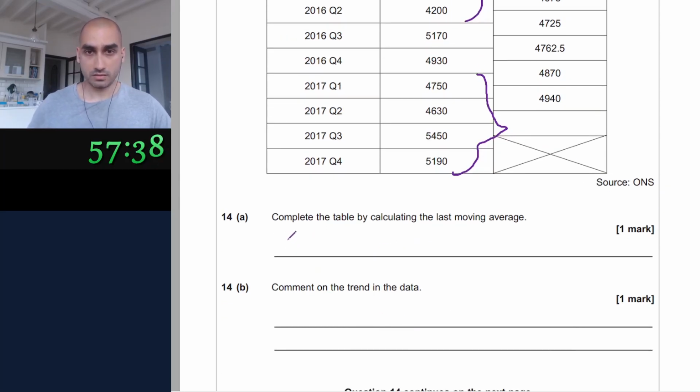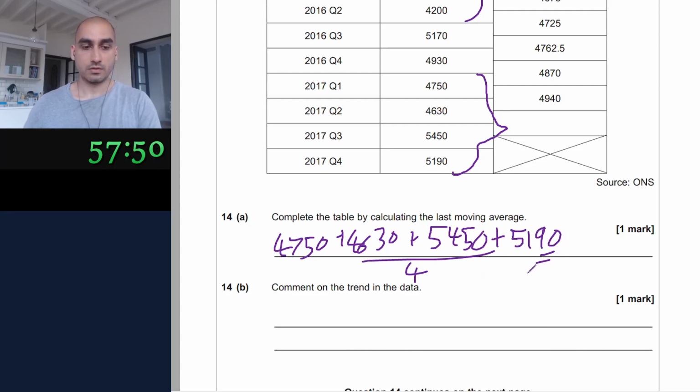So it would be 4750 plus 4630 plus 5450 plus 5190, divided by 4. That equals 5005. Okay.